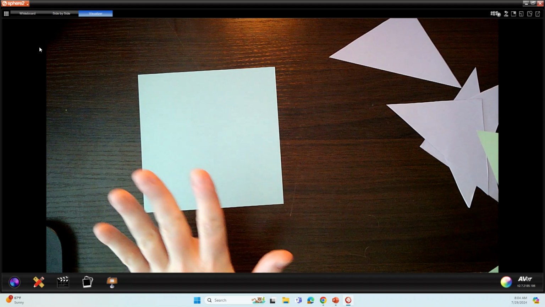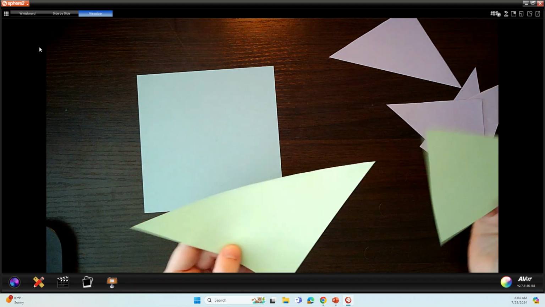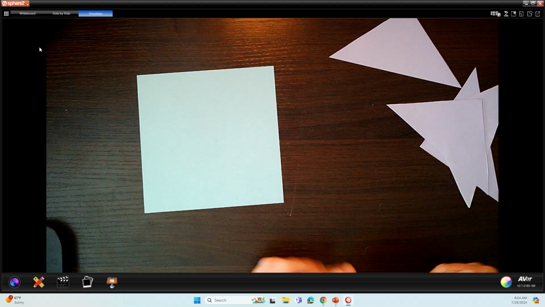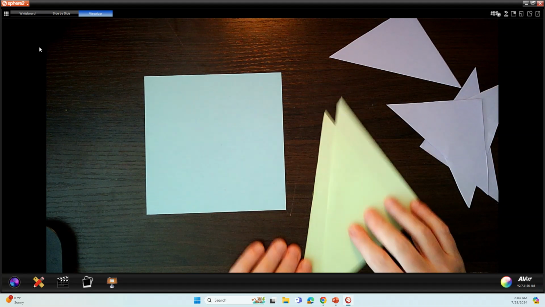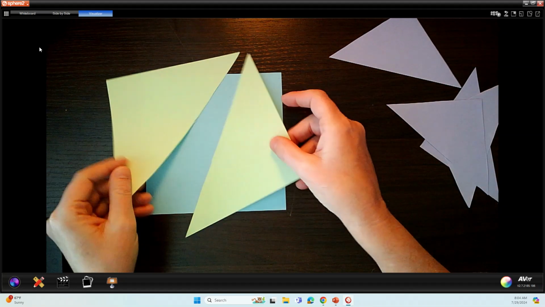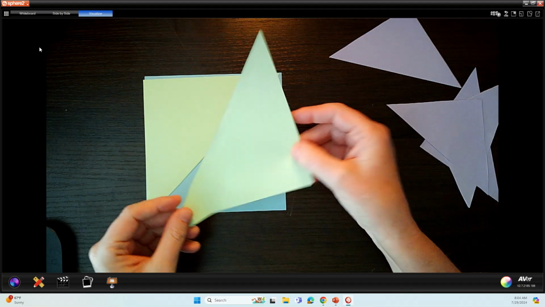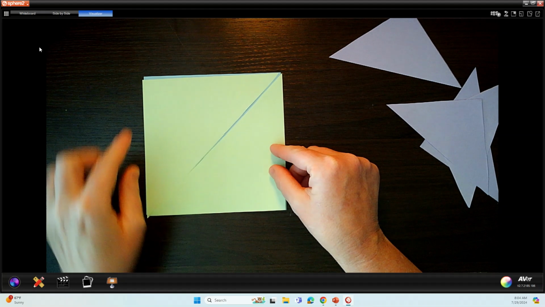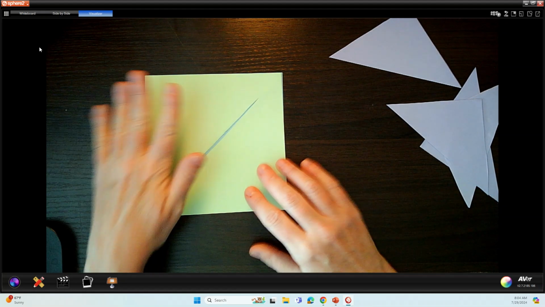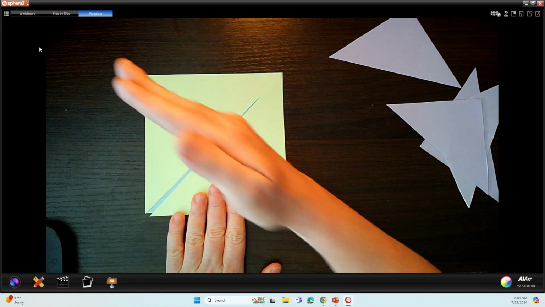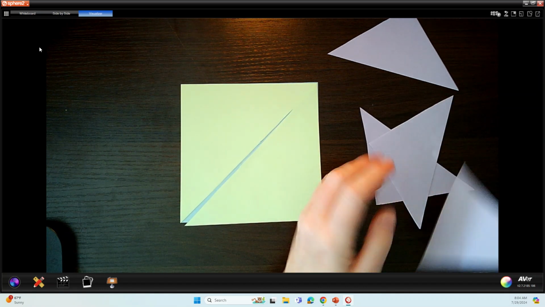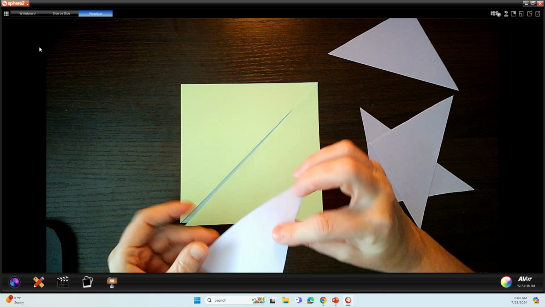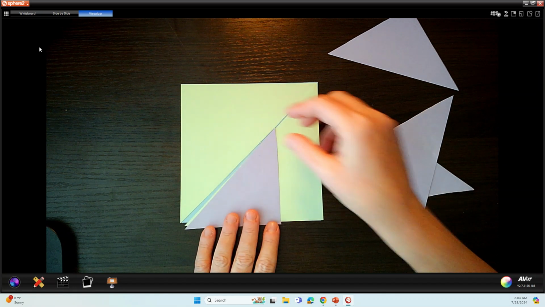I'm working with squares to start, but we can do this exact same thing with rectangles, which we'll explore later in the unit. But for right now, I have my one square that I cut in half to make two giant triangles, okay? And then I took those two giant triangles and cut them in half, and I created 4 little mini triangles, but they all add up to the giant square.